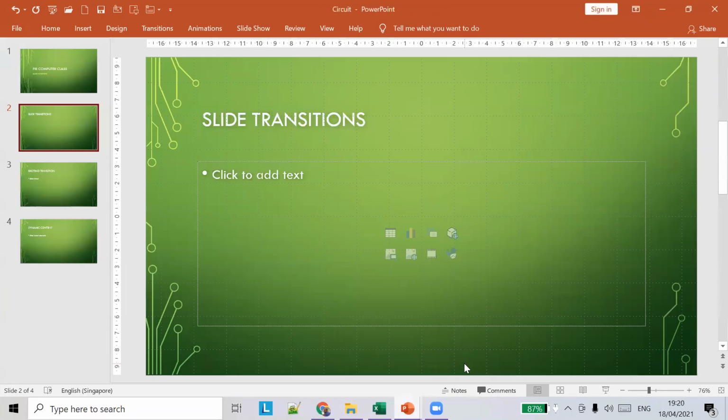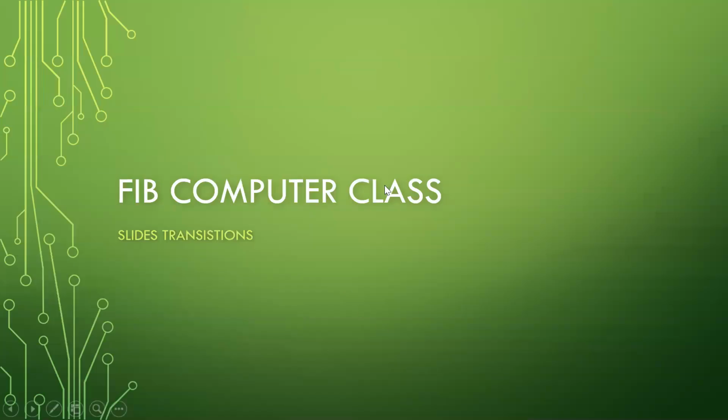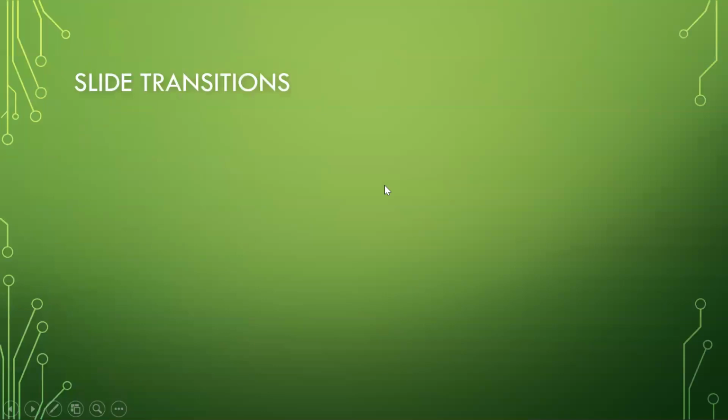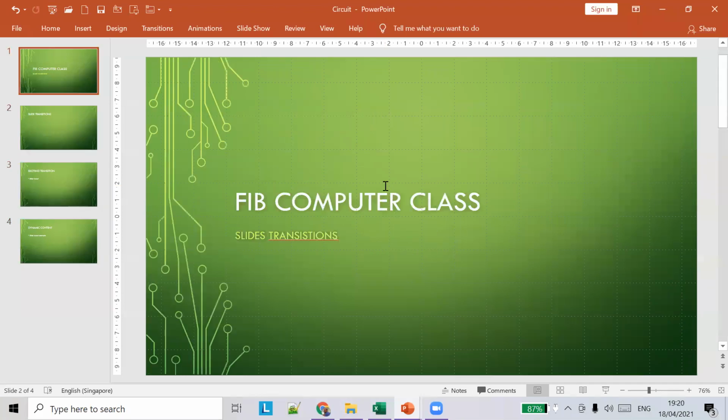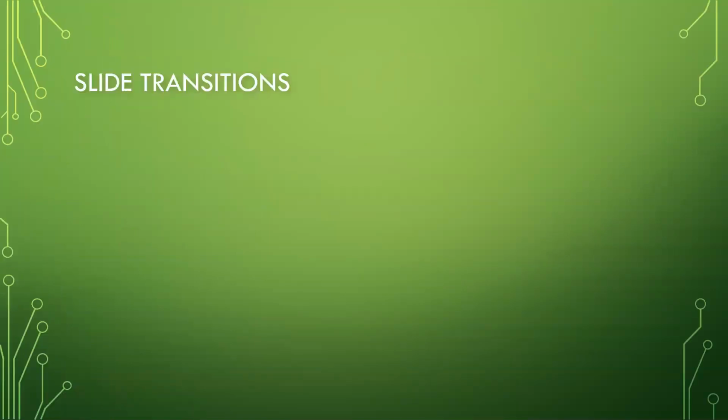And I want you to remember another thing. There are 3 ways to move from one slide to another. Either you can move by the left click button, or you can tap the space bar. And there is another way, the left or right arrow button, which is easy. Left will go to the previous slide, right will take you to the next slide.